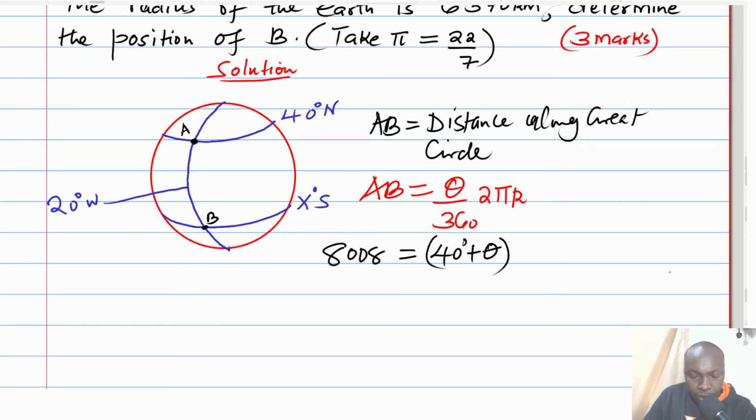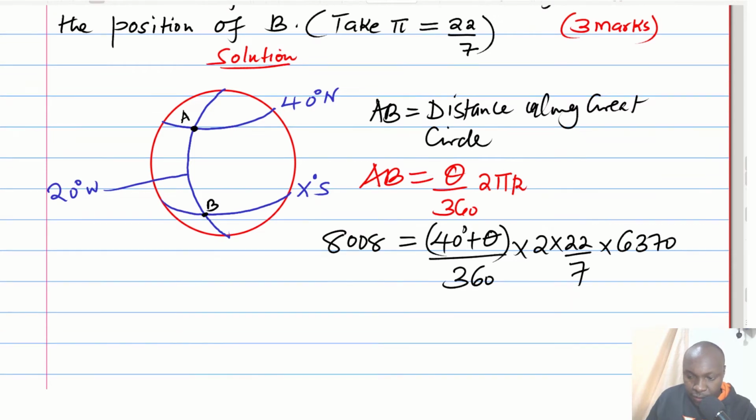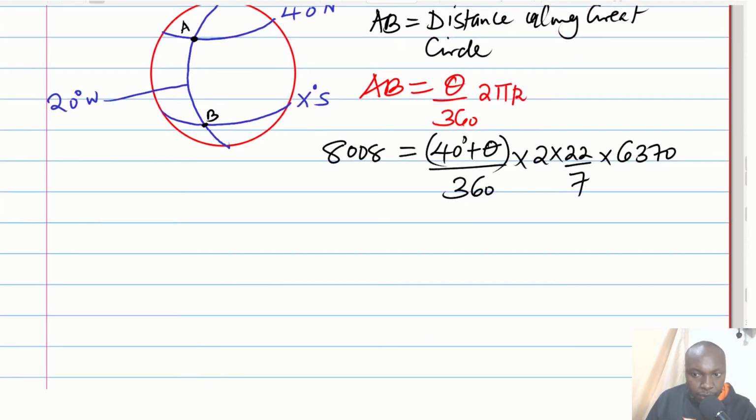So that is the latitude difference divided by 360, then multiply by 2 times pi, which is 22/7, multiplied by the radius of the earth, which is 6370. So that is how we're supposed to do it.